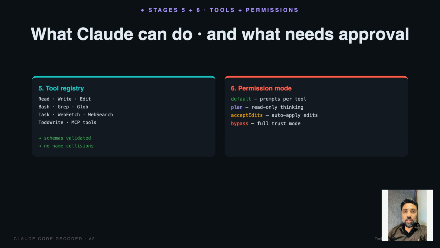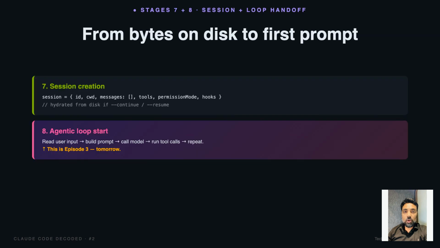The purpose is safety. The use case for you is plan mode if you want Claude to think before doing, accept edits if you trust Claude to apply file edits without confirmation, bypass permissions if you're running in a fully sandboxed environment.